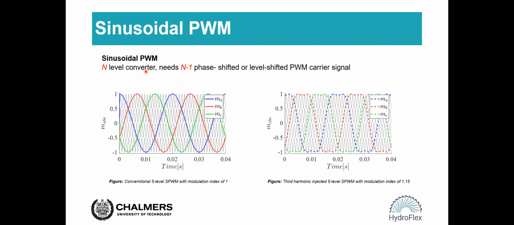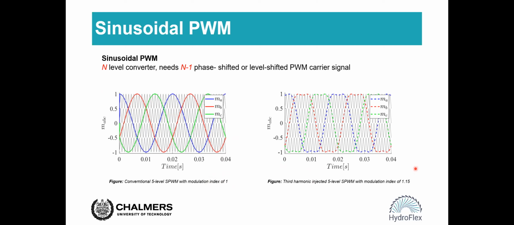On the left side of this slide is a 5-level converter, and we can see we have 4 PWM signals here, and they are level shifted. And the modulation index in this case is 1. And if we want to increase the modulation index to, let's say, 1.1, then what we can do is to use this third harmonic injection technique.